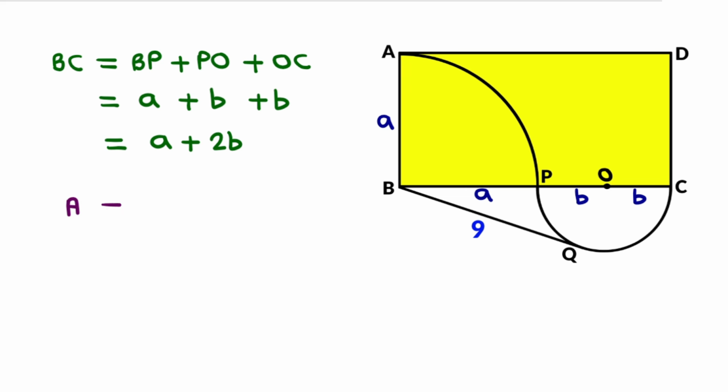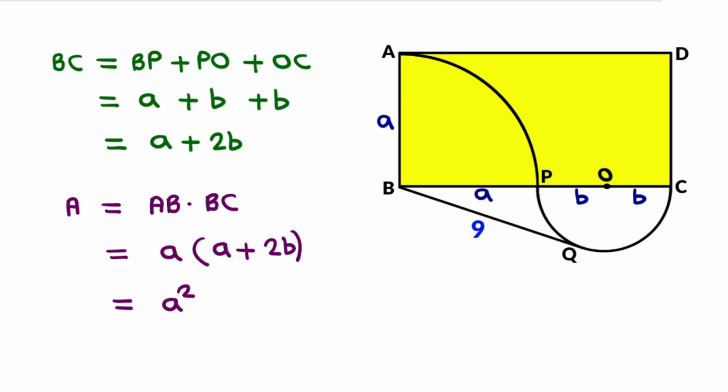The area of the rectangle is simply AB times BC. So the area equals A times the quantity A plus 2B. Expanding that gives us A squared plus 2AB. Keep that expression in mind.